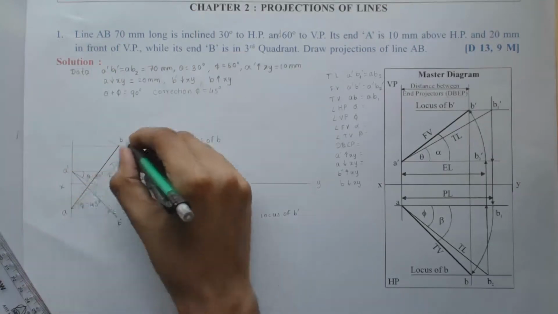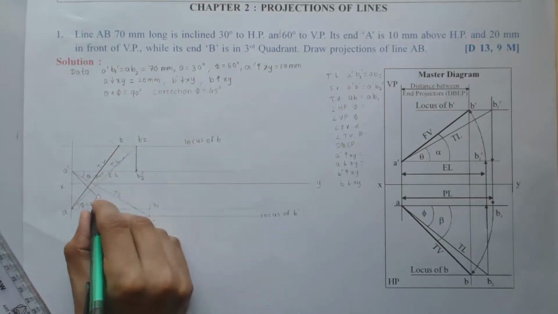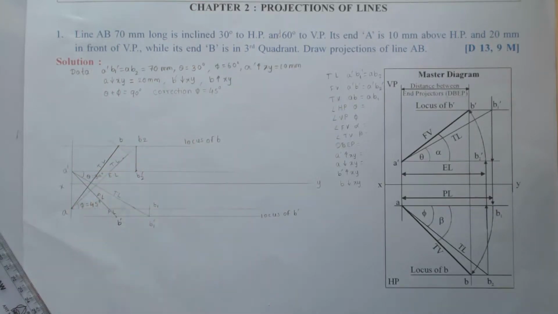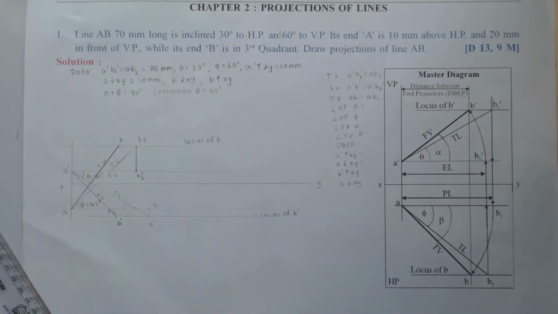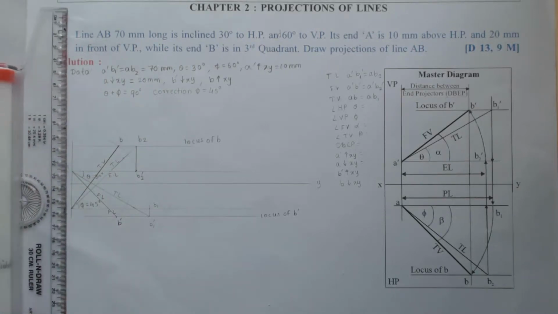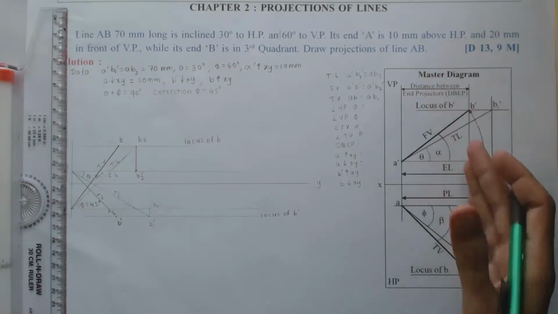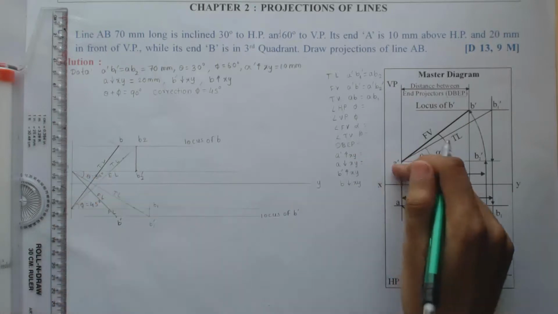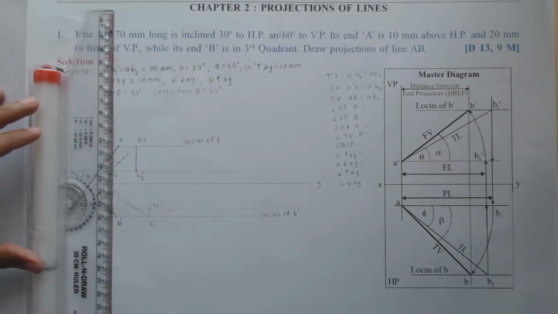So this dark line AB is giving me top view and this line is giving front view. The solution is too small because the lengths are too small, that's 70 mm. Okay. So now we will check whether our solution is right or not. For that we have the test, that is B dash and B should lie on the same vertical projector like A dash and A. So I'll just see whether they are lying on the same vertical projector or not.